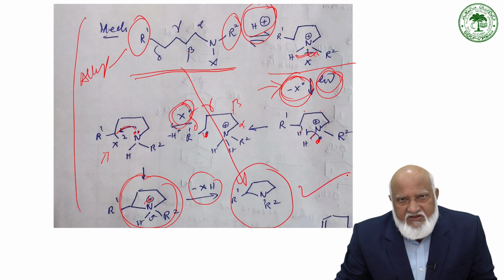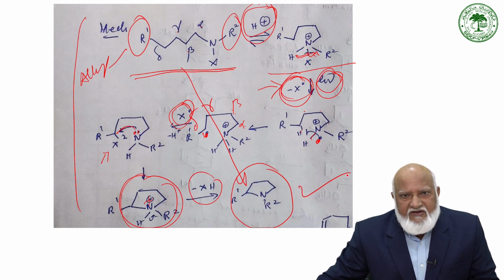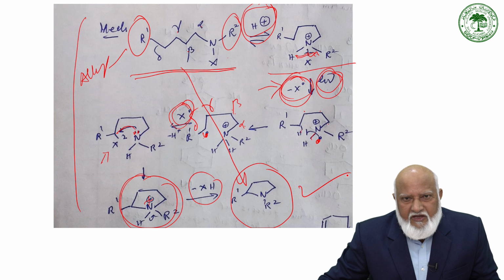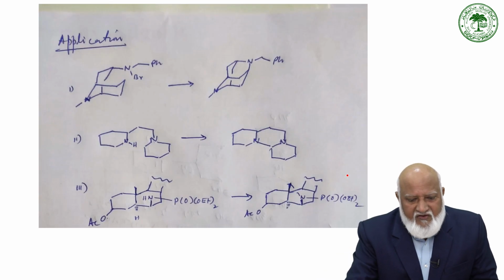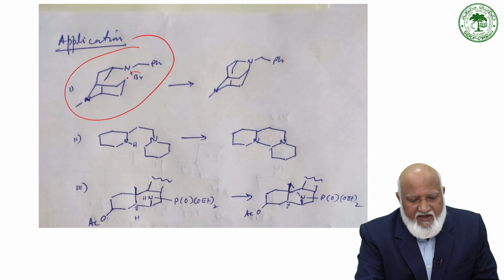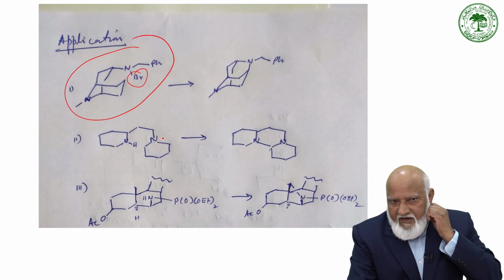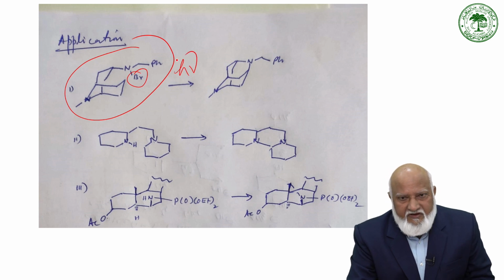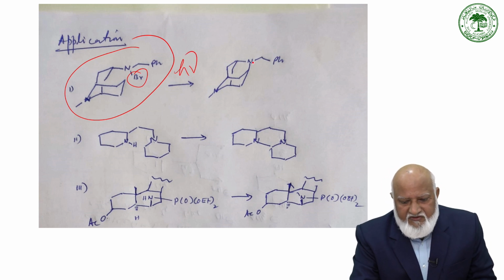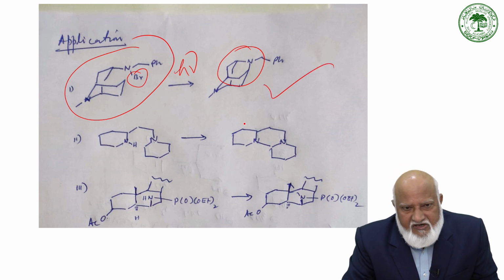It is synthetically important because it can be utilized for the synthesis of bicyclic and tricyclic systems. A properly substituted N-halogenated amine can, under photolytic or thermal condition, give a cyclized product. So we can see it is very interesting from a synthetic point of view.